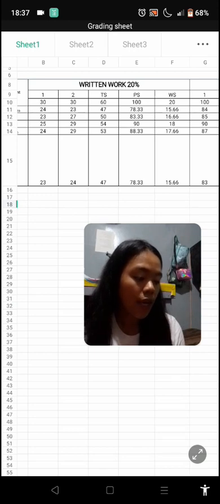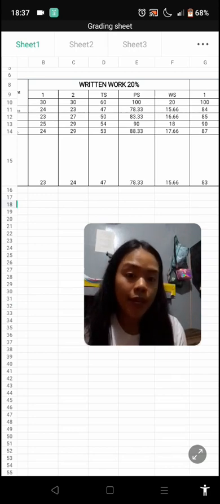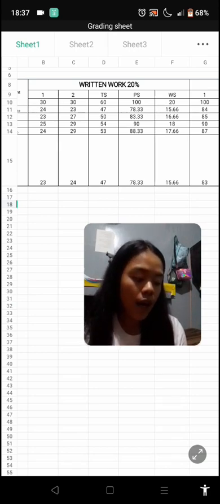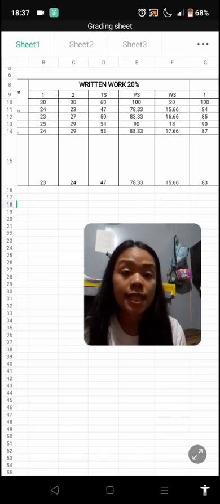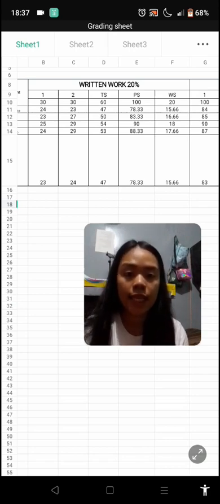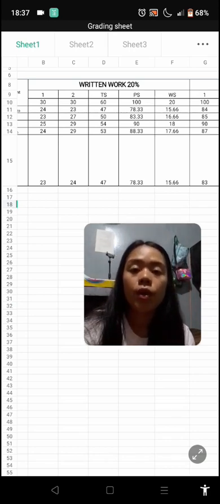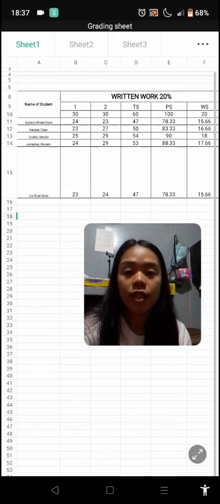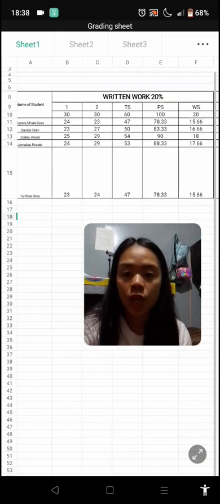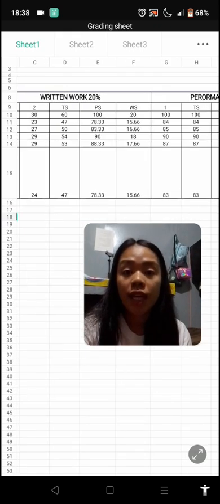So we multiply 78.33 by 0.2, and that's why we get 15.66. The same process applies to the scores of Miss Daradal, Miss Doliete, Miss Umadchao, and Miss Vinyas to get their WS, or weighted score.